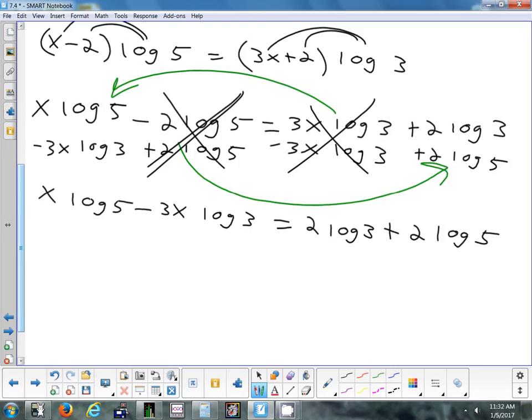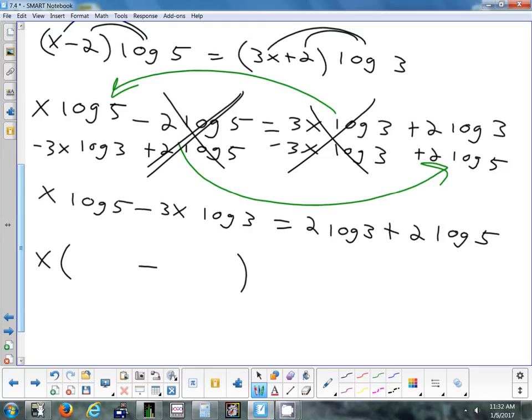I'm going to look at the left-hand side. What do both logs have in common in front of them on the left side? They both have an x. And when two things have something in common, you can factor it out. This isn't the kind of factoring we did a couple problems ago. This is easier. We're just literally going to take the x out of each one of those.